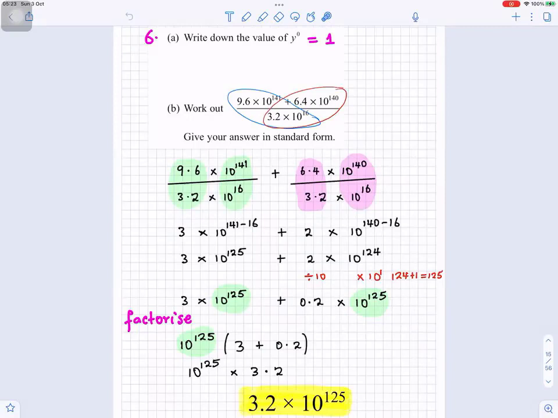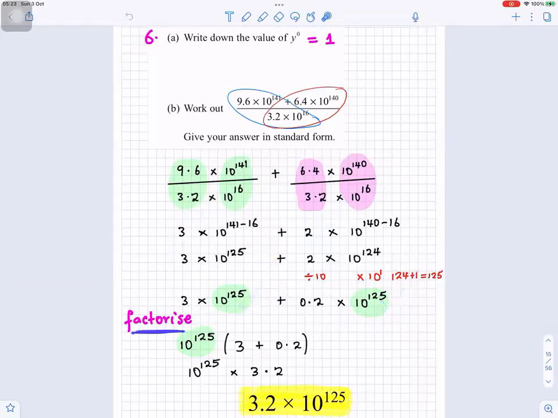So 124 plus 1 gives you 125. And that's why you go 125 there. And then when you divide by 10 there, you get 0.2. So now you have 125, 125.